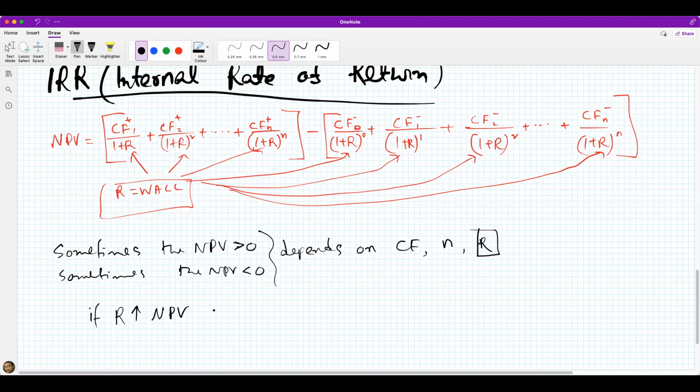If the discount rate is higher, mathematically, what you can see is that the discount rate is in the denominator, so the NPV will be lower. The proof is, let us go back to what we have done and check if that is really true.